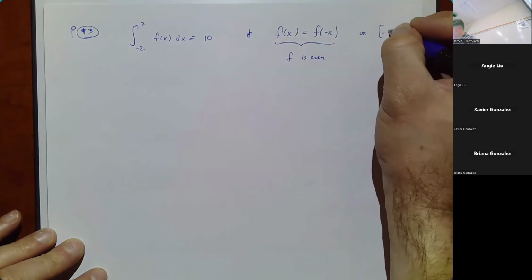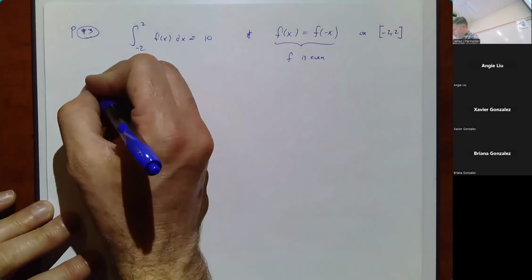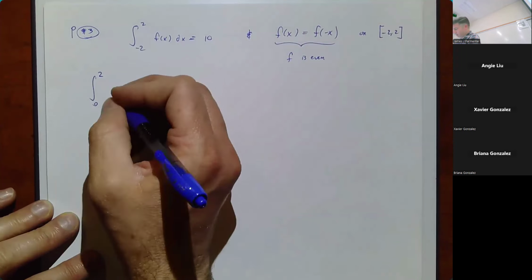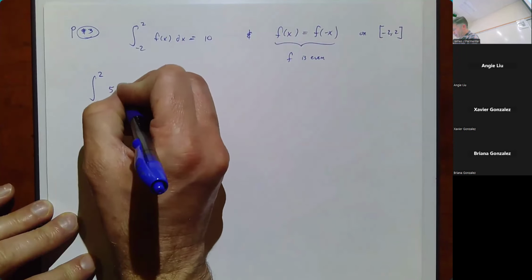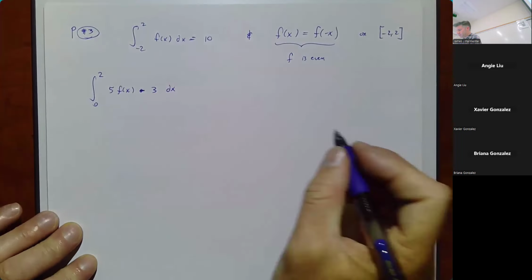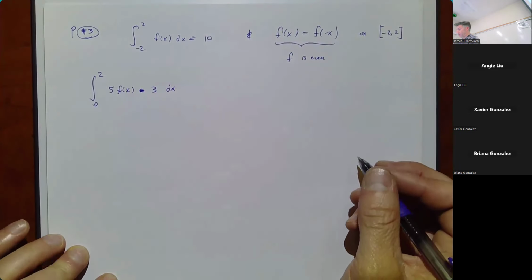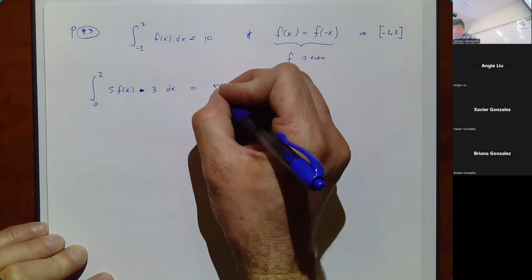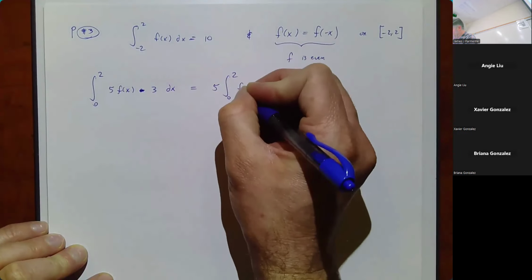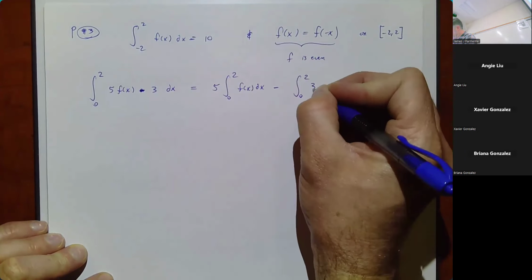And then they're asking us to find the integral from 0 to 2 of 5 times f of x minus 3. So I'm going to break it up as 5 times the integral from 0 to 2 of f of x minus the integral from 0 to 2 of 3.